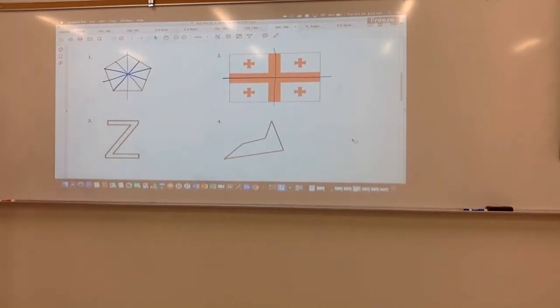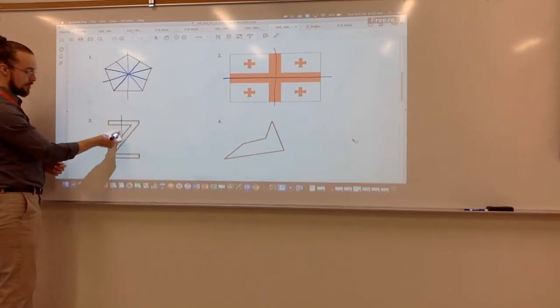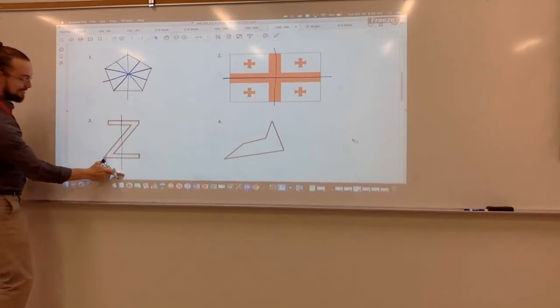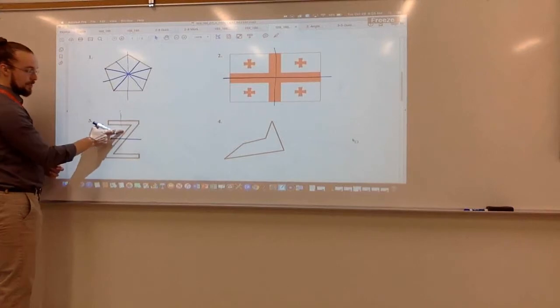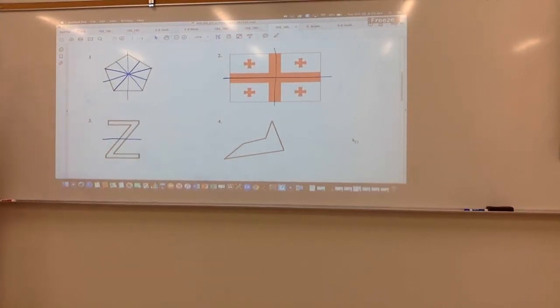How about number 3? How many lines of reflection did we get for number 3? What if you went up through the middle? 2. That doesn't work out. There are 0 lines of reflection. It kind of looks like we may have one right down the middle, like this.